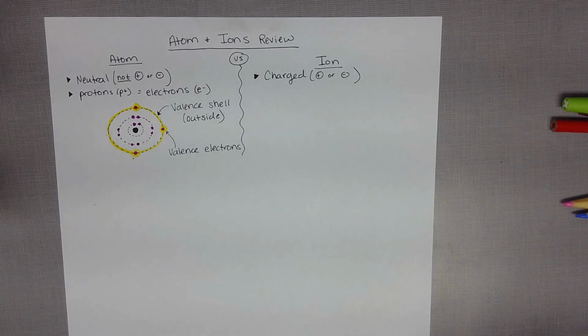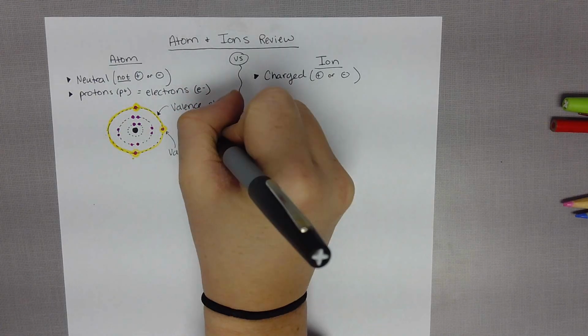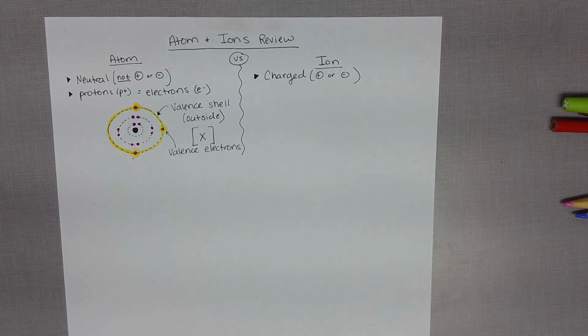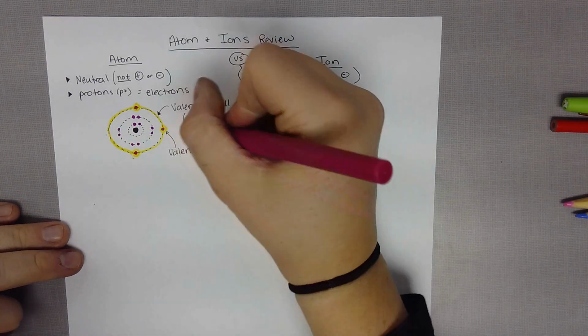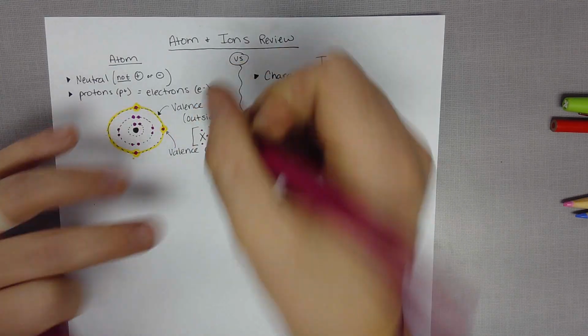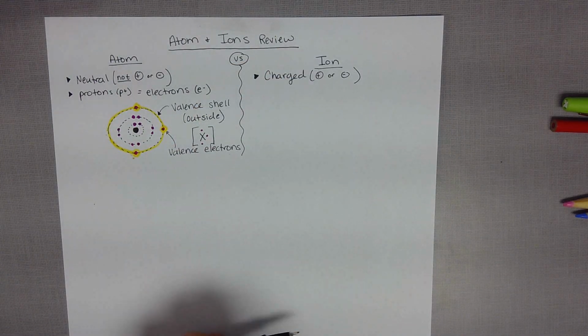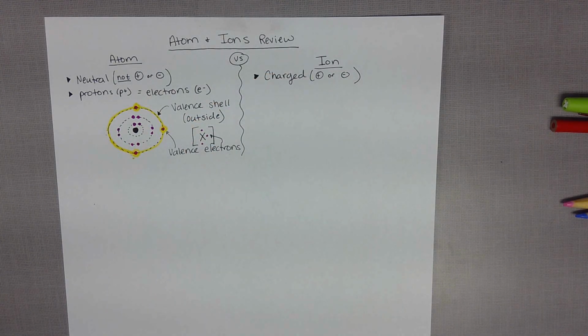Because we care so much about those valence electrons, we had learned a shortcut. It's the element symbol surrounded by the number of valence electrons we have. Here it's 1, 2, 3. So I put 1, 2, 3 dots around my symbol and get my Lewis dot model.